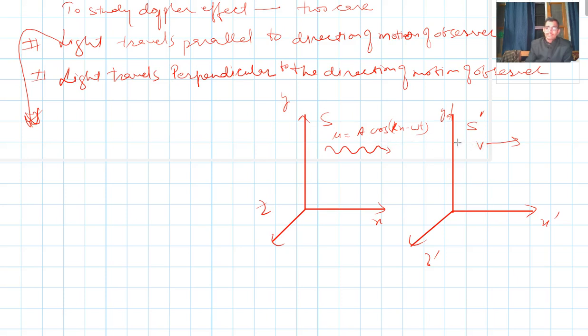Here k is 2 pi by lambda, known as the wave vector, omega is the angular frequency and A is the amplitude.